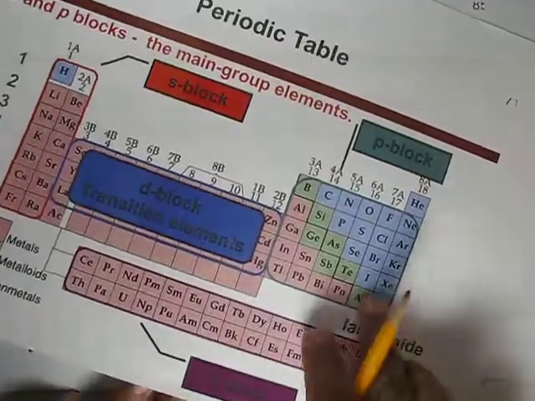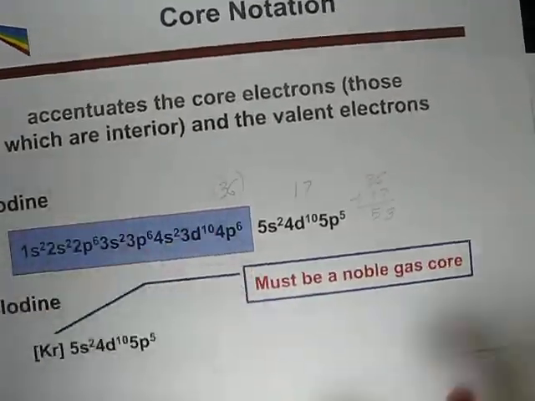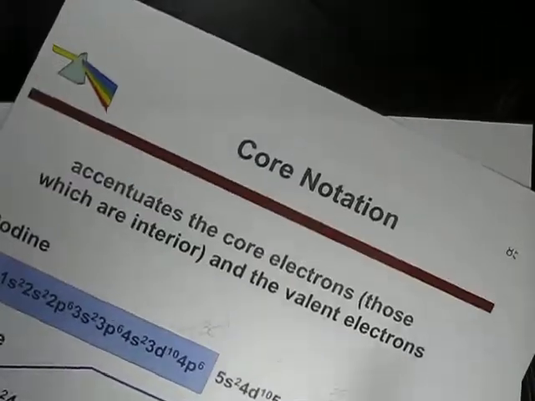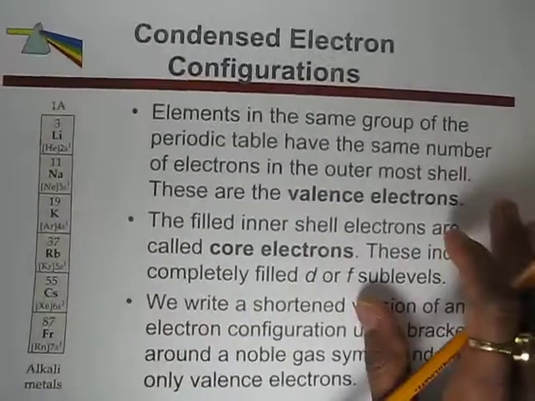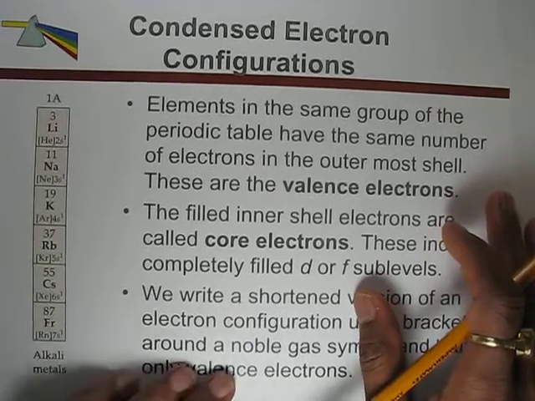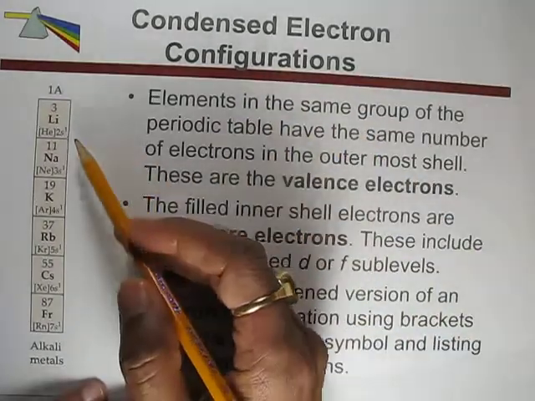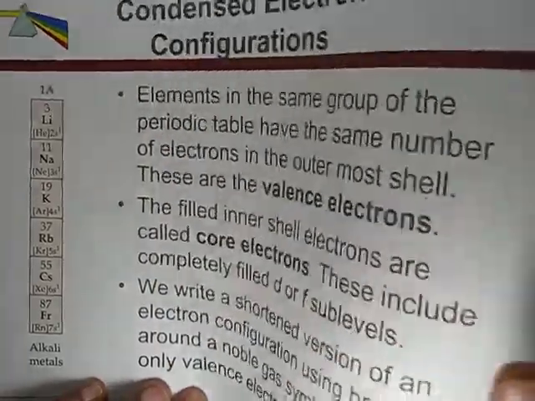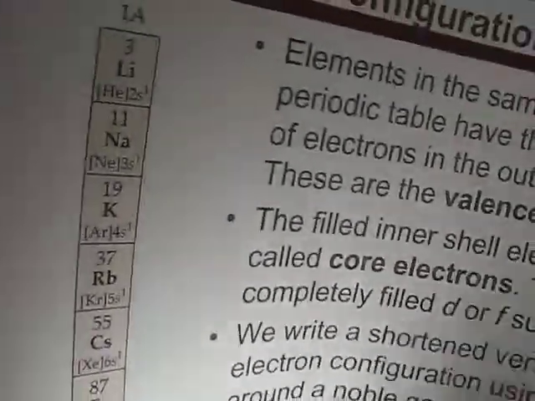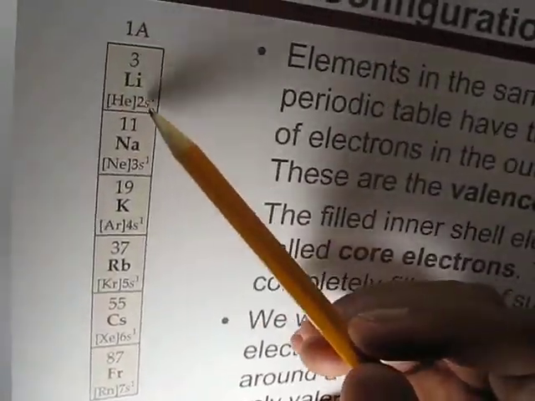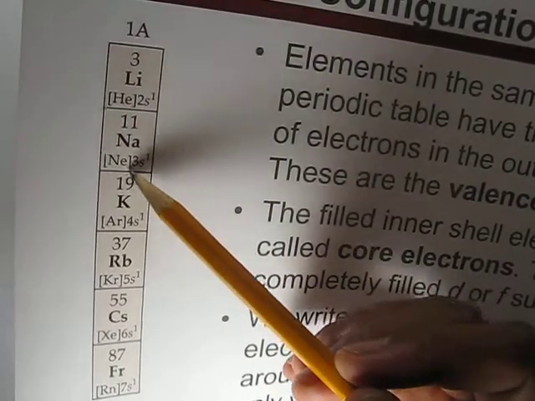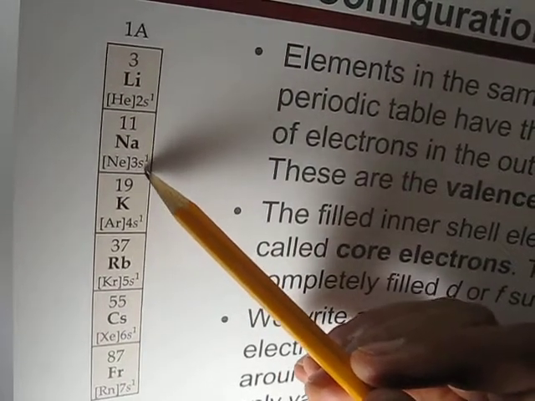Let's see some more examples in this core notation. So this is the last slide of this chapter. What is called condensed electron configuration or core electrons? In case of lithium, you can also write helium plus 2s1. In case of sodium, you can also write neon plus 3s1.